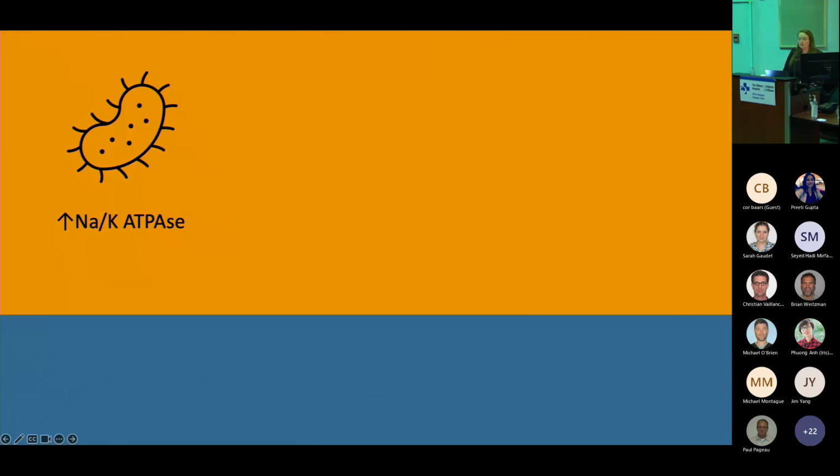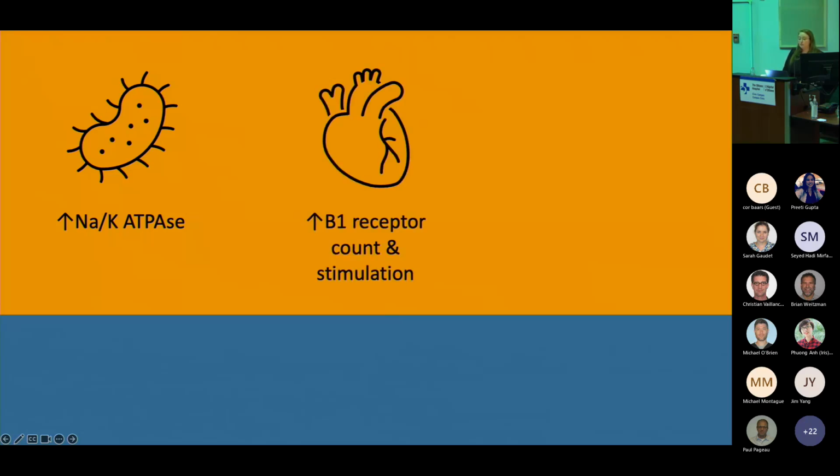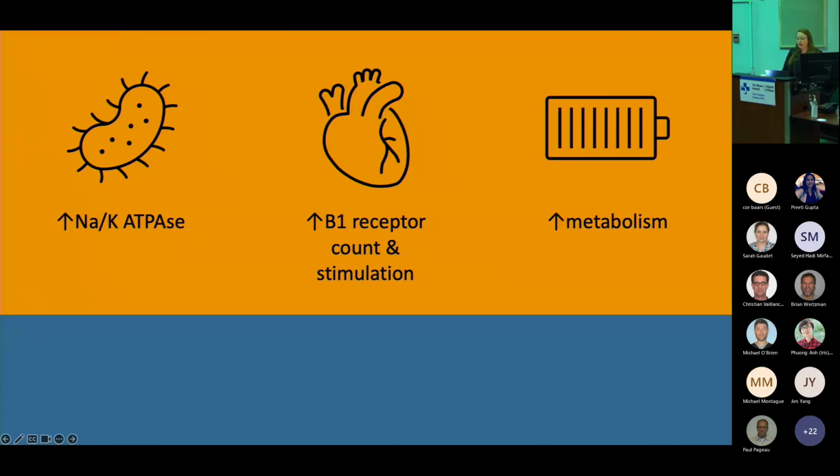And so at a cellular level, T3 actually increases the production of sodium-potassium ATPase, creating a rise in oxygen consumption and heat production. It also directly stimulates beta-1 receptors of the heart and increases cardiac contractility and heart rate, in addition to stimulating the number of beta-1 receptors available on the myocardium. And last but not least, thyroid hormones have a direct effect on metabolism, increasing glucose absorption, glycogenolysis, and lipolysis.